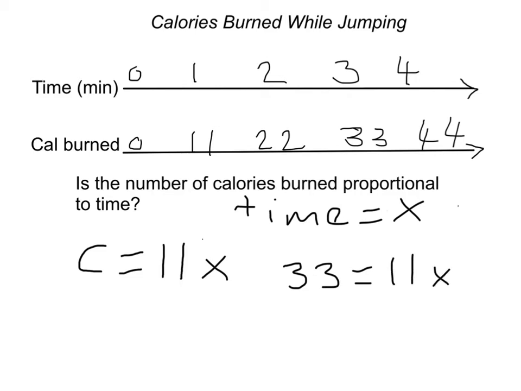So the question here would be, if we're looking at this x, which is time equals x, in other words, if you burned 33 calories, how many minutes, how much time did you spend on that activity so you could burn 33 calories? And you might look up at the chart here and see here that 3 times 11 gives you 33, so you know it's 3 minutes.